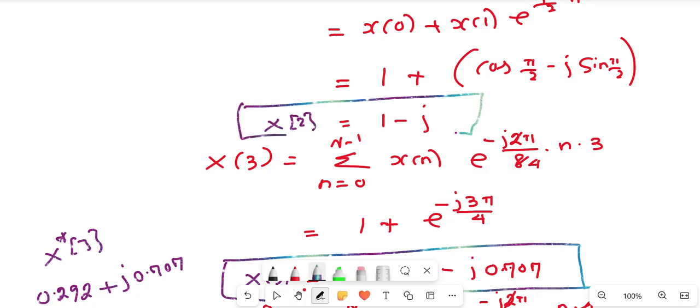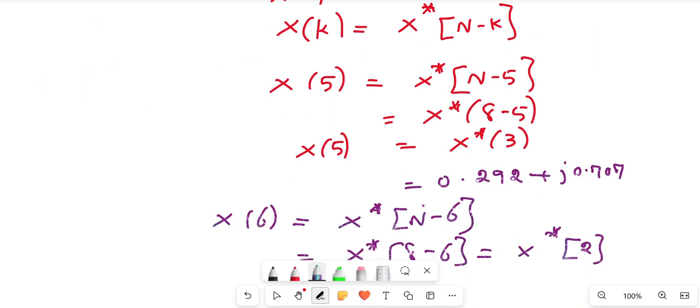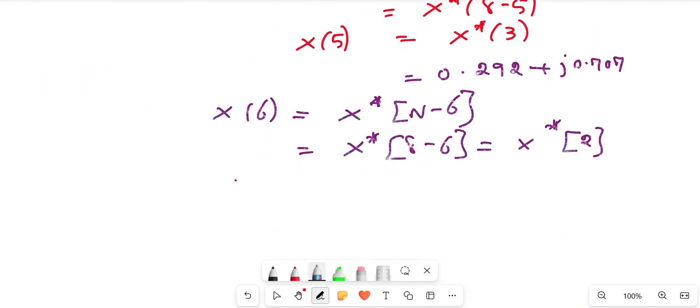This is X of 2. So what is the complex conjugate of X of 2? Which is equal to 1 plus j. So X of 6 is equal to 1 plus j.